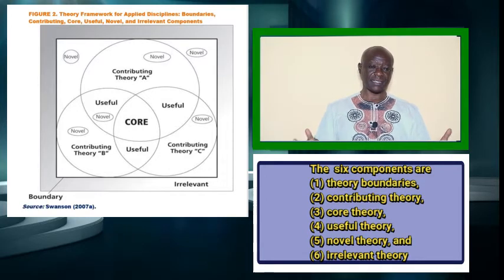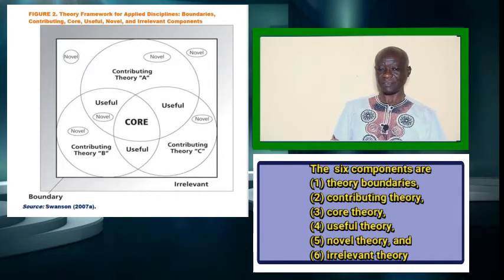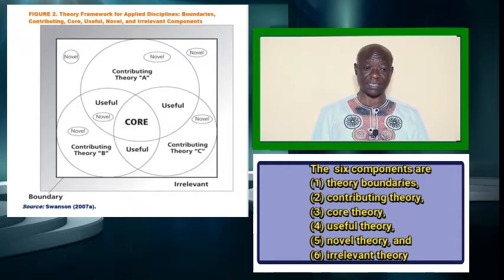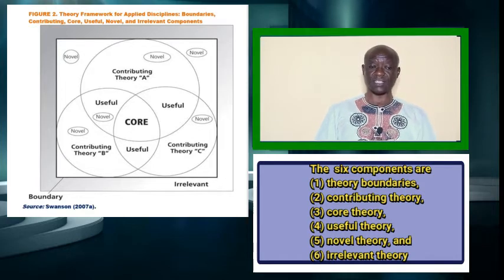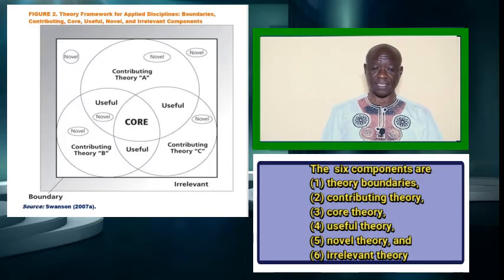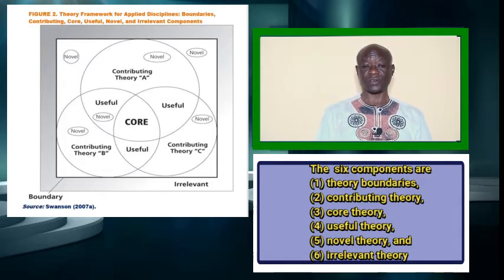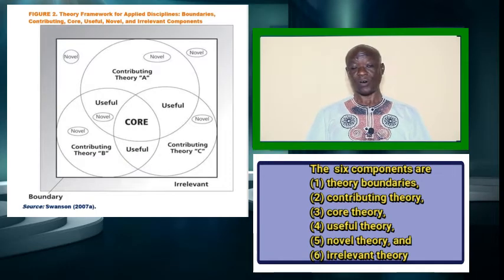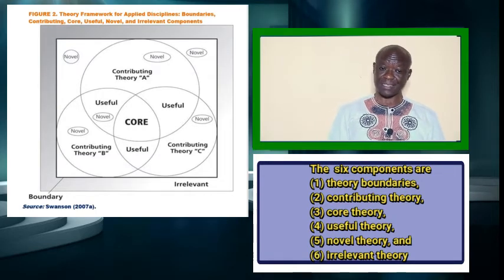Now, as you can see, the context of these theory components is relevant to applied disciplines. This means that a theory contribution in an applied discipline could be judged as a core theory, a contributing theory, or any other theory, novel or useful, or whatever it is, ladies and gentlemen.